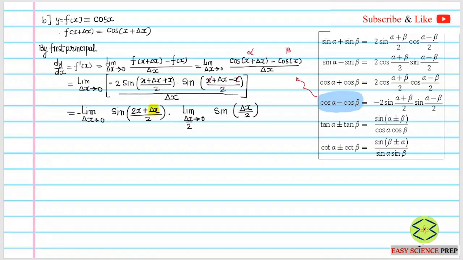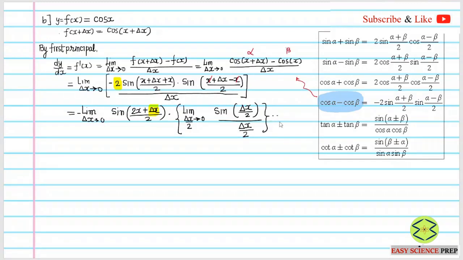The quantity 2 was outside here in the previous case. This 2 I will take in the denominator, so this will become delta x by 2. So this whole thing will turn out to be 1 as far as the standard result is concerned.